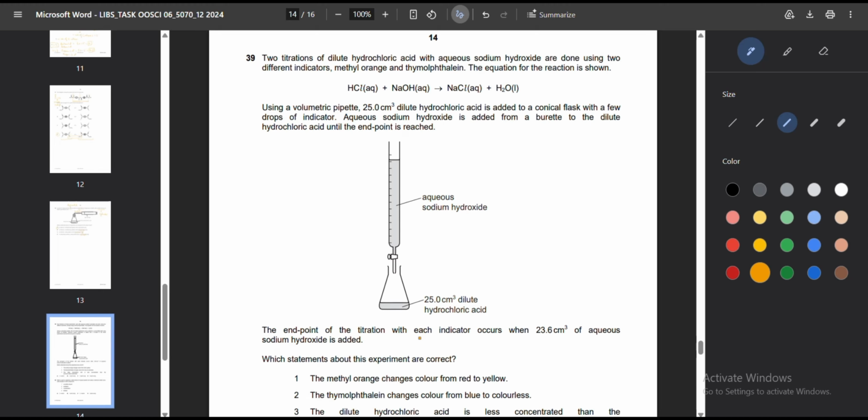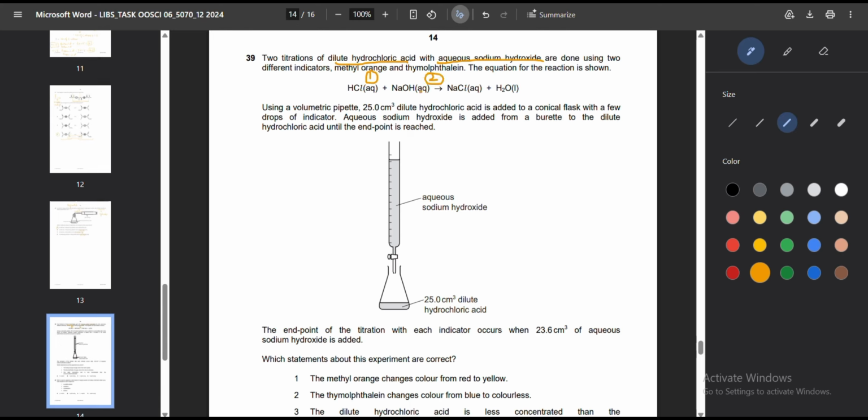Question number 39. Two titrations of dilute hydrochloric acid with aqueous sodium hydroxide are done using two different indicators. Number 1 is methyl orange, the other one is thymolphthalein.